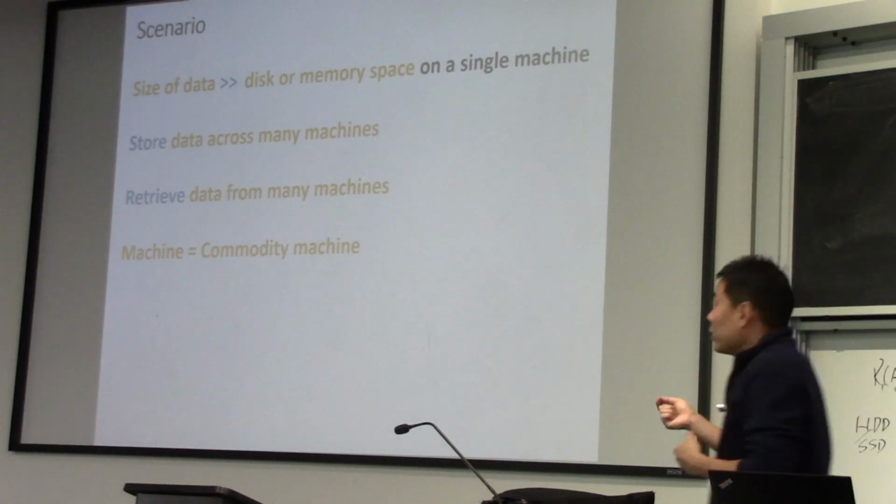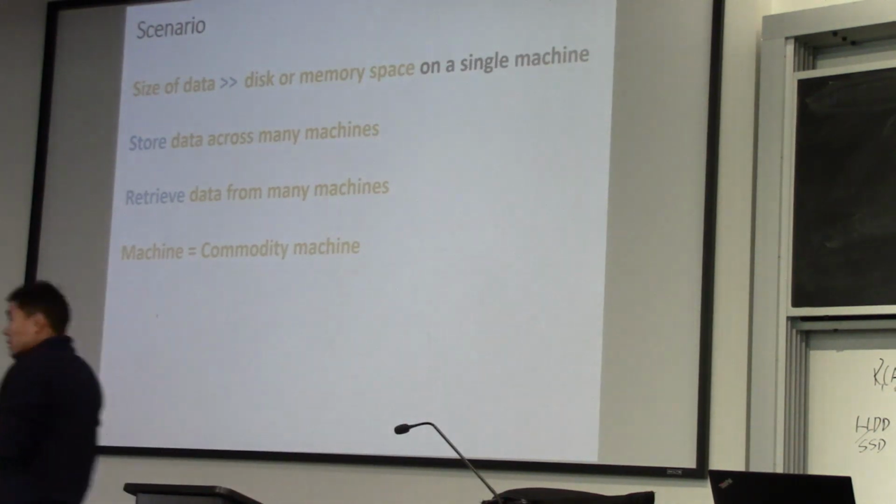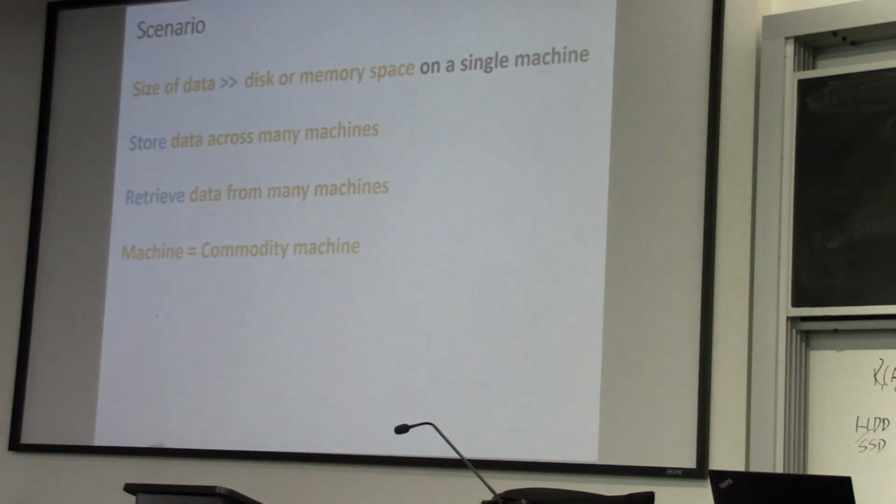NoSQL systems originate from this simple request: the size of my data is way bigger than the disk and memory space on a single machine. I have a really powerful machine in my lab.